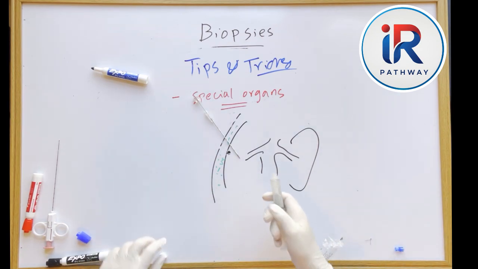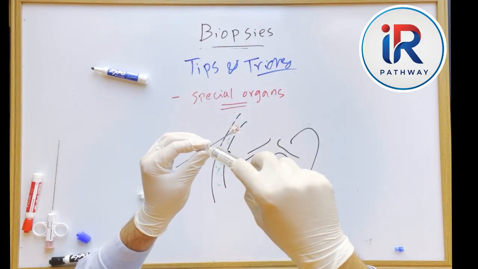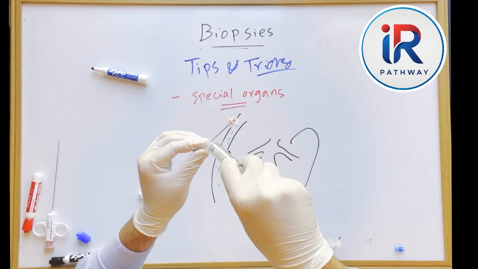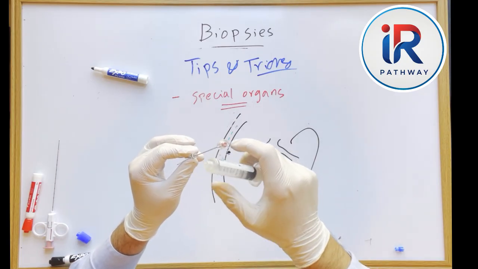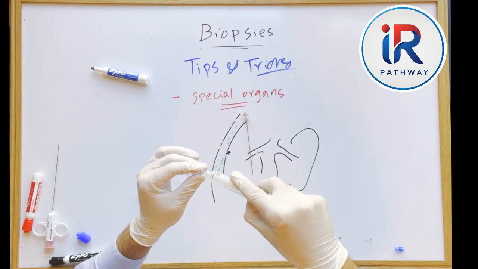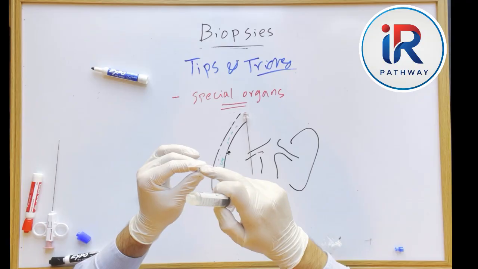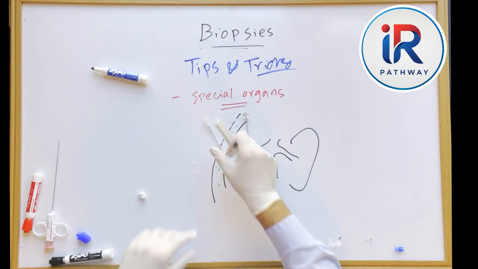The idea is that while you are withdrawing the stylet, the assistant immediately places a few drops of saline on the tip of the needle. So as soon as the stylet is removed, there is a small drop of fluid at the tip, which acts as a valve preventing air entry. Therefore, it's very important to maintain this seal.